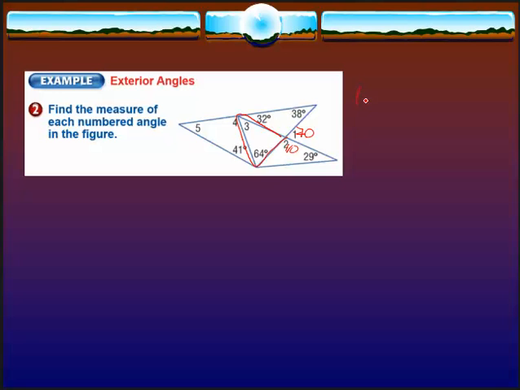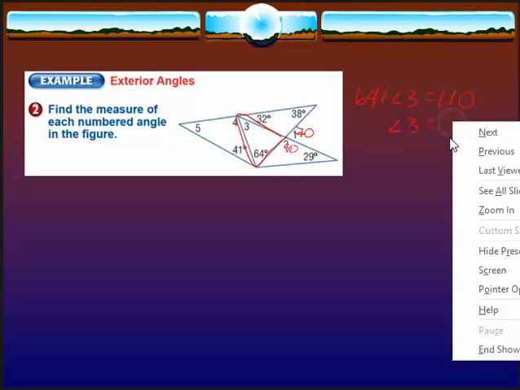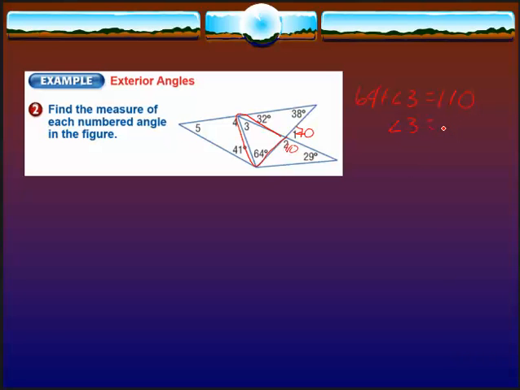So 64 plus angle 3 is going to equal 110. So angle 3 is going to equal, what would that be? 46. And we just build from there.